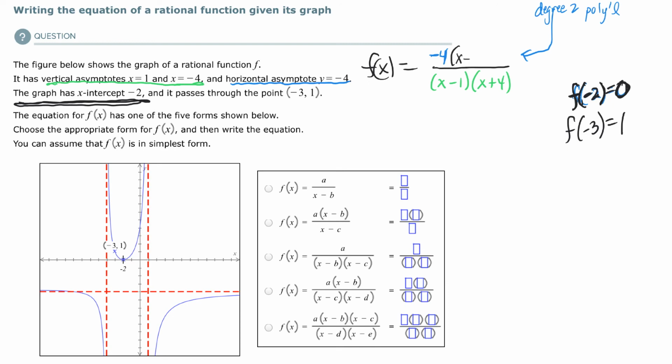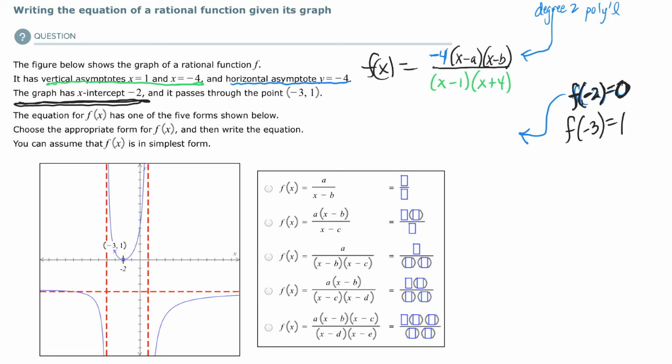If I had to guess, x minus a times the quantity x minus b. We could maybe guess it looks like that. Now, putting a little bit more information together, I really think I have this going on in the numerator.